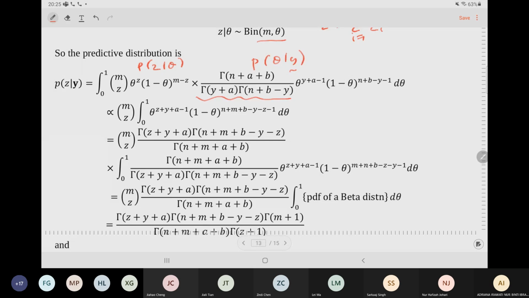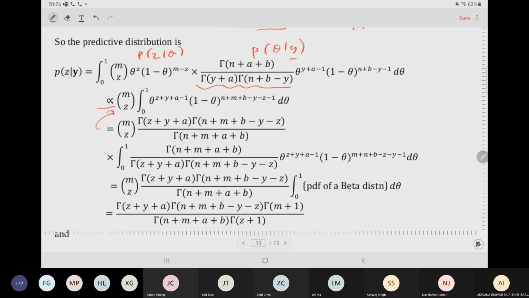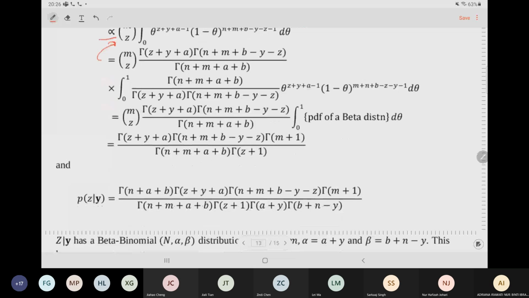If you want to make a proper PDF, you might need to bring back the constant. You can see I take out this constant, so that's why it's proportional here. But the equal sign, as I said before, is equal to this line. Even though I take the constant out, if I want to make a proper PDF, I should bring back the constant over there.